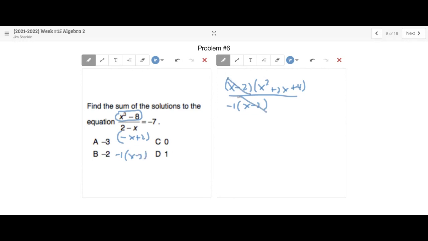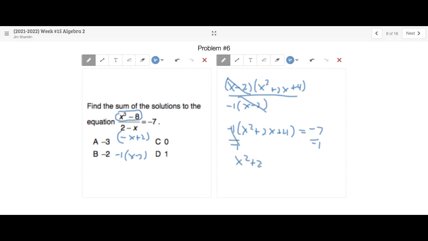Why did I do that? I can cross that off now. That makes it a whole lot nicer. So now, what am I left with? I'm just left with negative 1 times x squared plus 2x plus 4 is equal to negative 7, because this just crossed out. So now I'm back to a quadratic. I'm not a big fan of that negative 1, so I'm just going to divide through by negative 1.